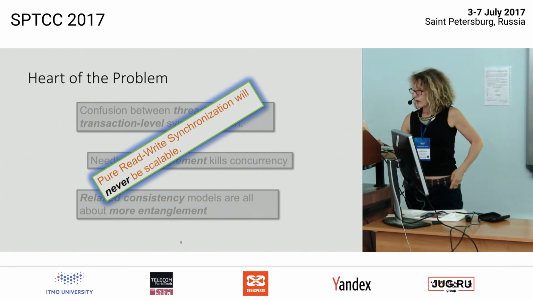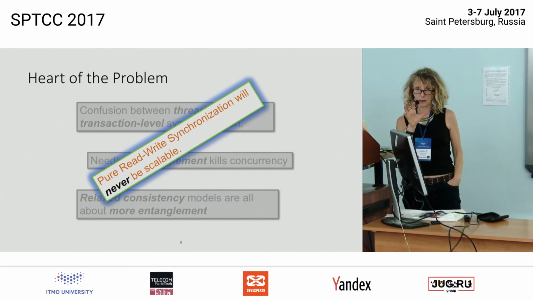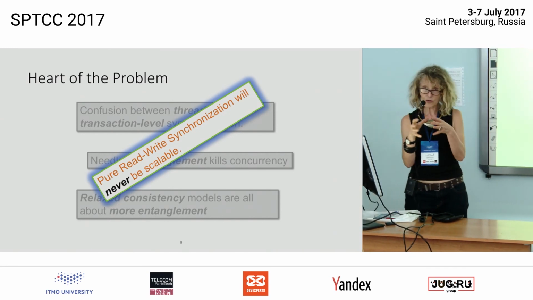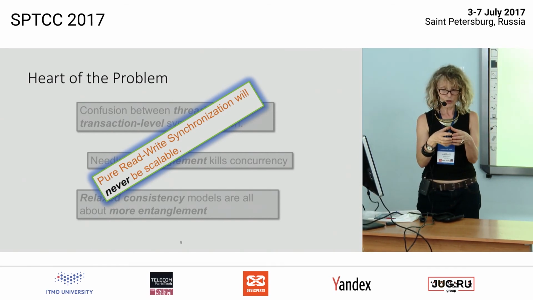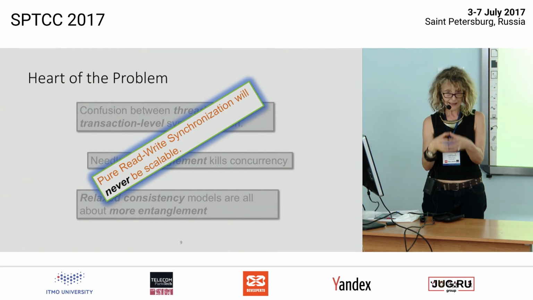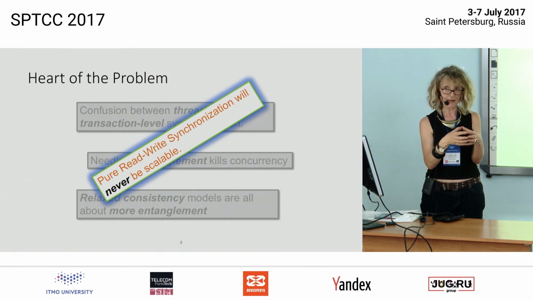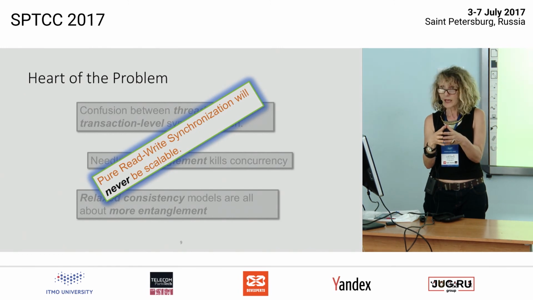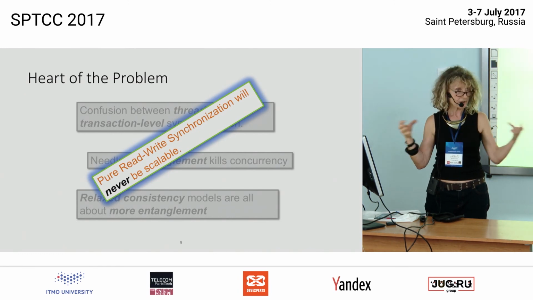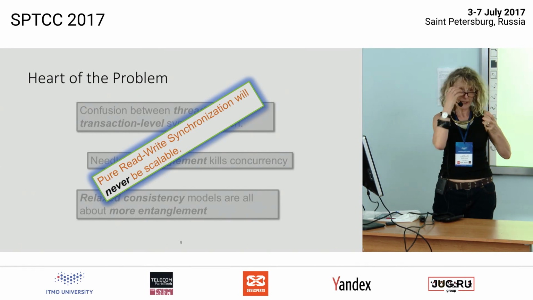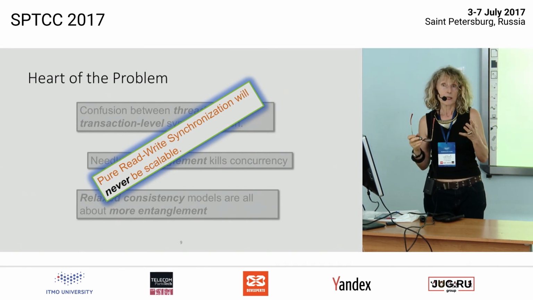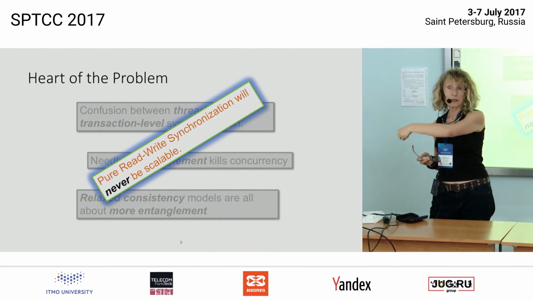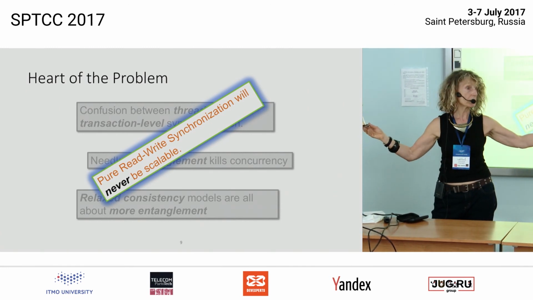So what I want to talk about in the rest of the talk is how to actually take advantage of those highly concurrent, clever data structures that people have designed, that the Java concurrency library is full of, in transactions. So for example, if I have two trees and I want to transfer elements from one tree to another, that's my transaction.